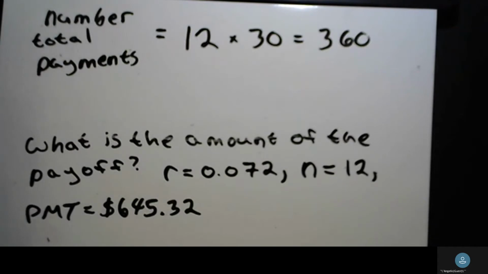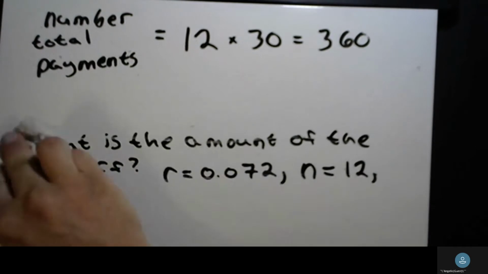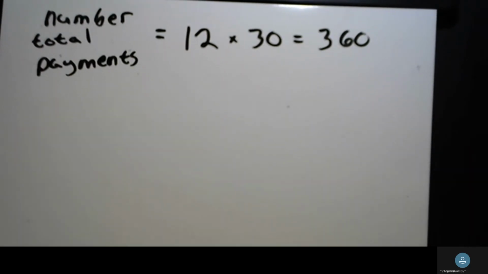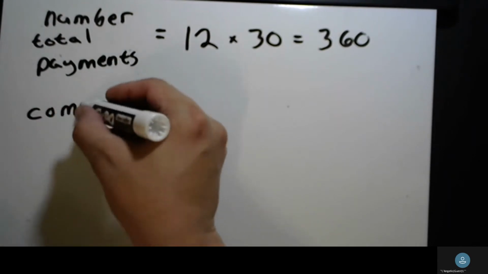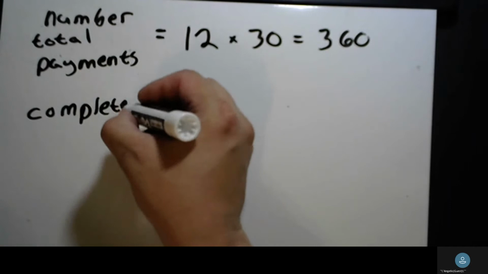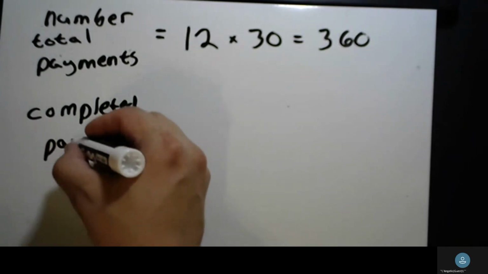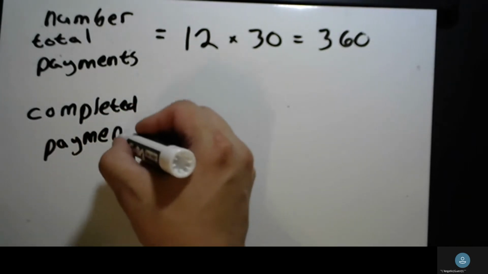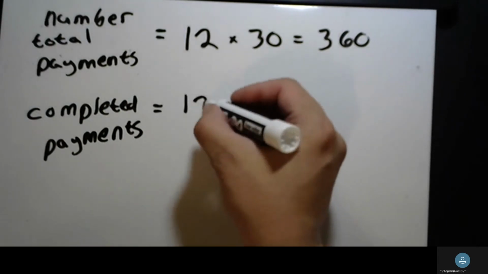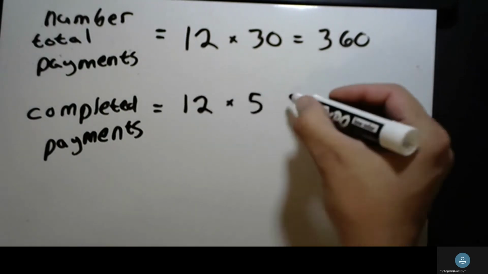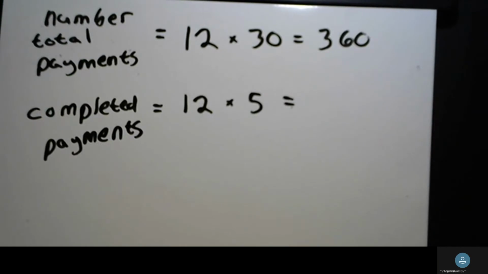Now, let's say you've decided after 5 years of these payments, you don't want to do this anymore. You just want to pay it off, get it over with. So the number of completed payments: well, you made 12 payments per year for 5 years. So that's going to come out to 60 payments.